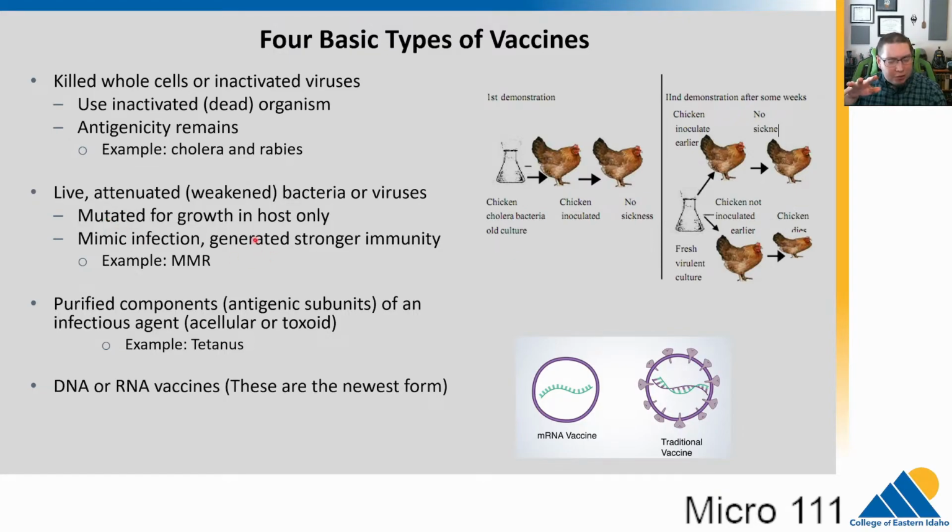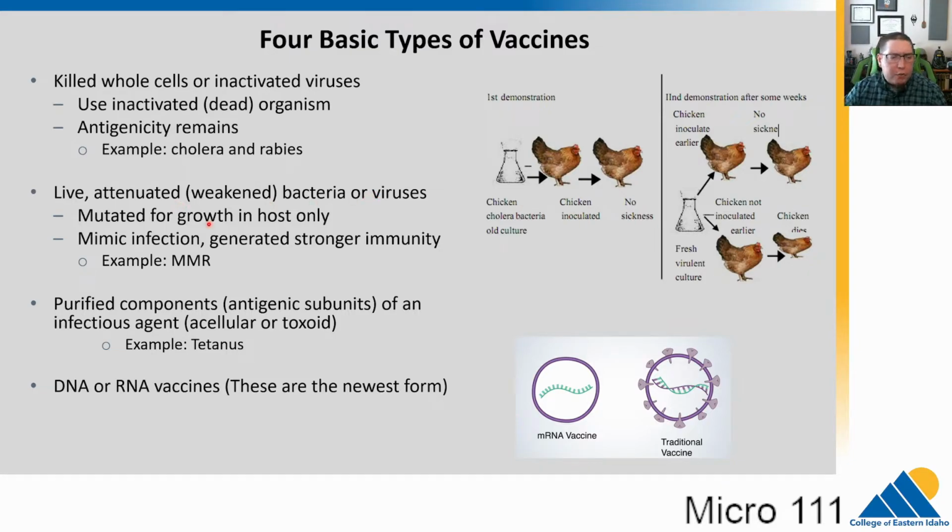So this is actually interesting because they're able to still replicate, but they don't cause disease. So they kind of mimic an infection and actually can generate very strong immunity to this. So we have things like our measles, mumps, rubella vaccine that are live attenuated viruses or bacteria.